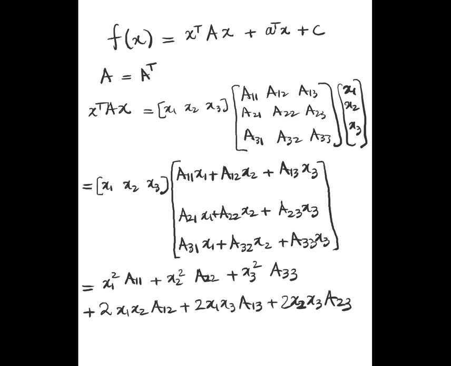Note that we use the fact that A is equal to A transpose. That means, for example, that aij is the same as aji.